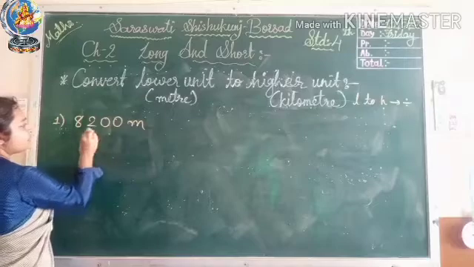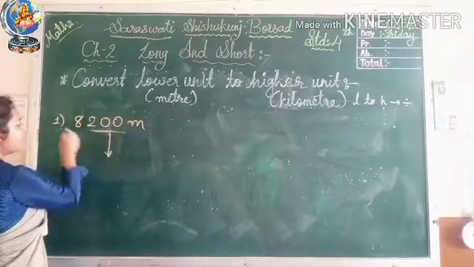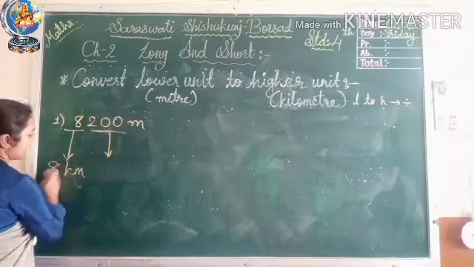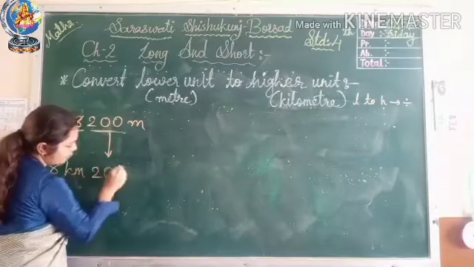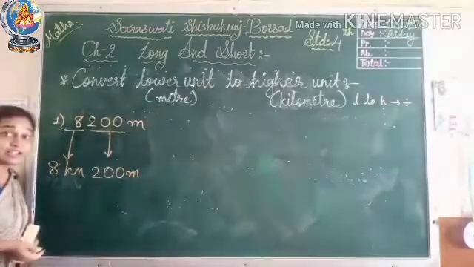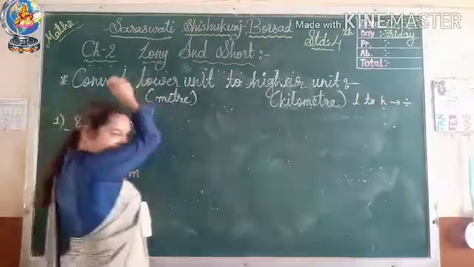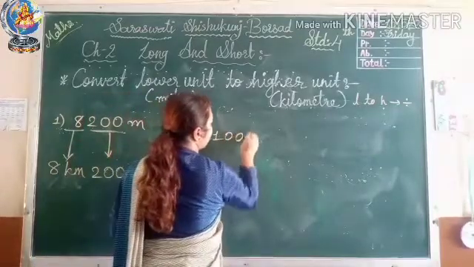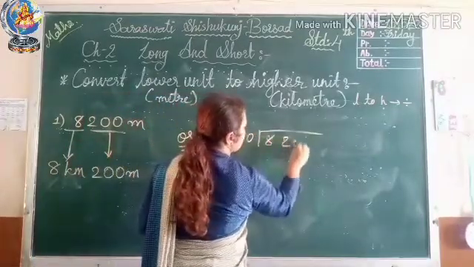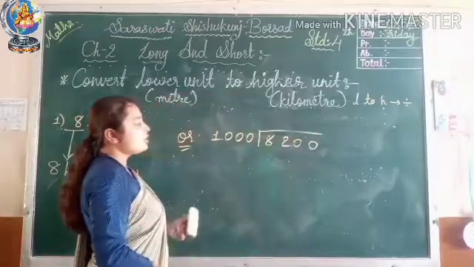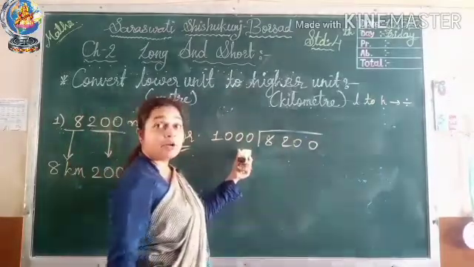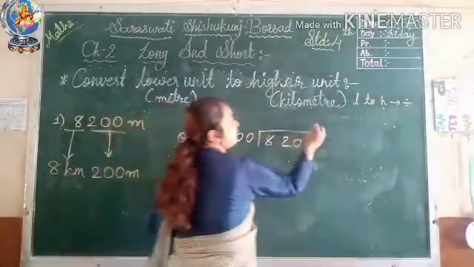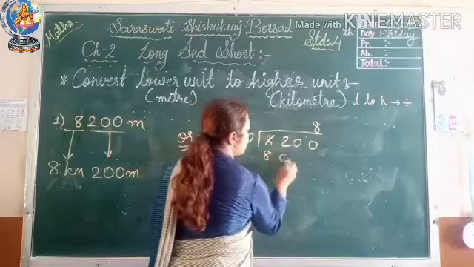The first method, if you remember: separate 3, separate another one, 8 kilometer, then 200 will be a meter. How did it come? Let's see that. Or 1000 multiplied by 8200. We all know that in the table of 1, we get answer 8 when we multiply by 8, so 1000 8s are 8000.